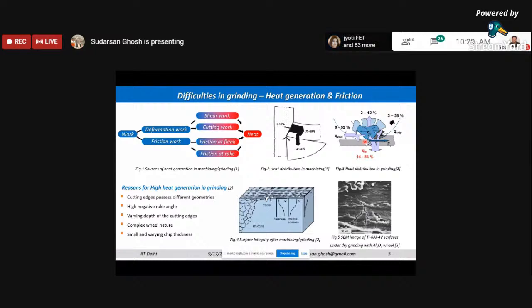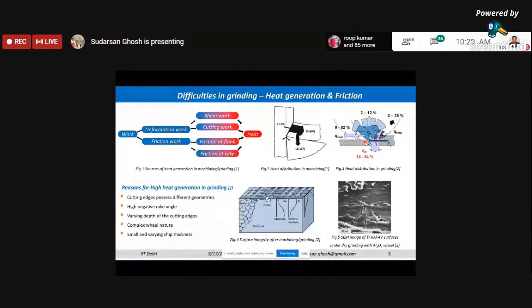So if the designer has designed the fatigue life to be say 10,000 cycles, now because of these hidden stresses which get generated during the grinding process, if they at all get generated and they remain within the work material, then the life of the component may get reduced from 10,000 cycles to say 5,000 cycles. So that means almost by half the life will get reduced. So that is highly detrimental.